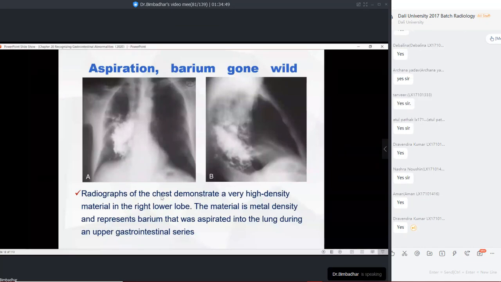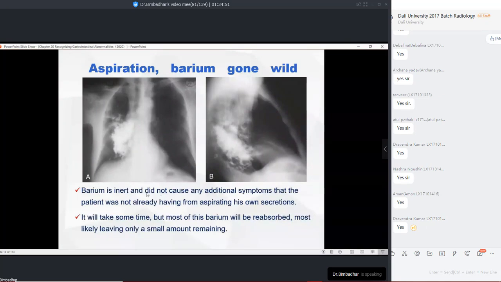Okay, right. Then you see here, barium is generally an inert substance. It does not cause any additional symptoms that the patient was not already having from aspirating his own secretions. Generally, in a patient with aspiration, there will be a constant flow of gastrointestinal secretions down into the trachea.